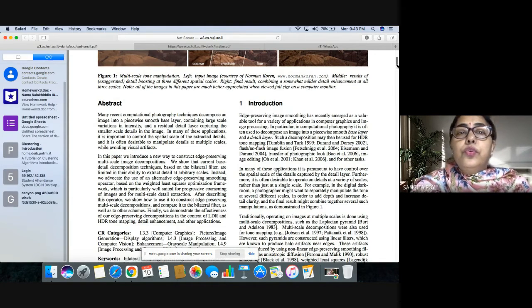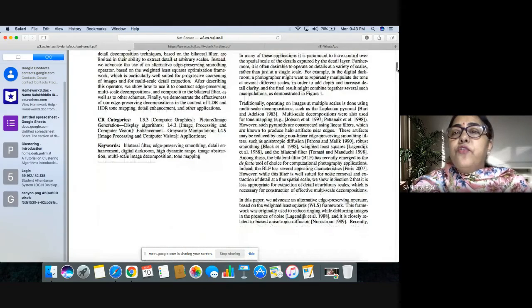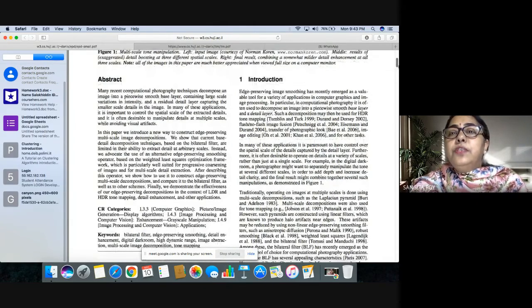So, in the introduction, it is given that edge-preserving smoothing is recently a very important application area in computer graphics and image processing, and in particular, in computational photography, where different base layers and details are there.